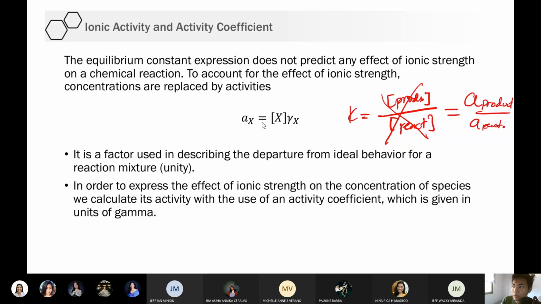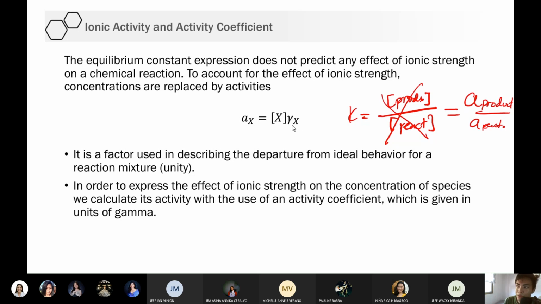Activity is equal to the concentration times this term gamma. So what is gamma? Gamma is the activity coefficient. Let's focus on gamma, because we already know the concentration. Gamma is a measure describing the departure of your ion from its ideal behavior.